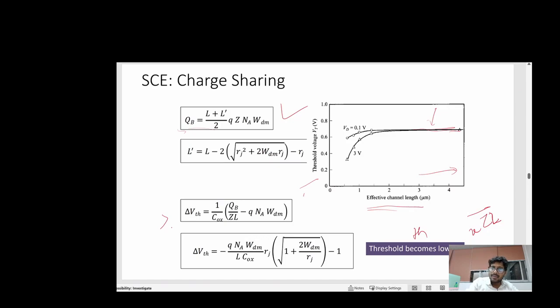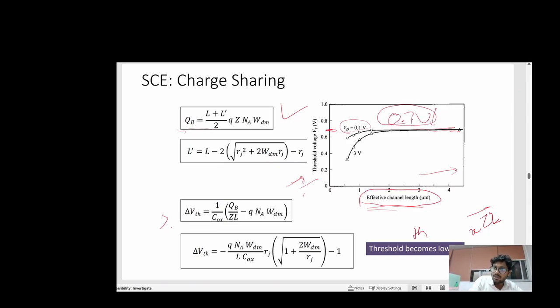This is when you have applied a drain voltage of 0.1 volts, and this is the channel length. What will be the threshold voltage? Initially, the threshold voltage was 0.7 volts.